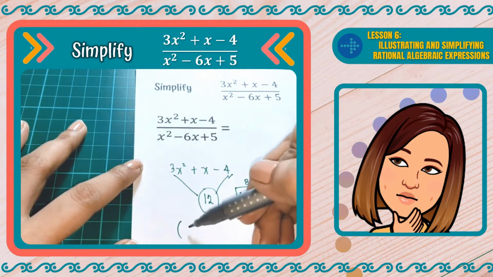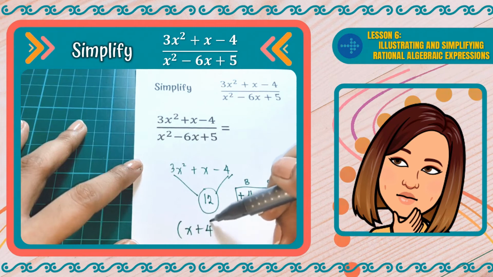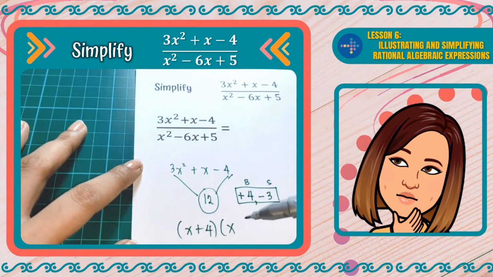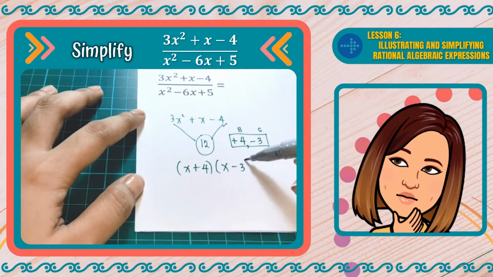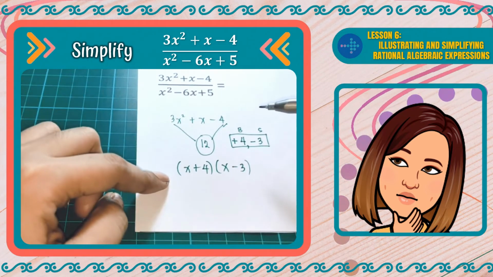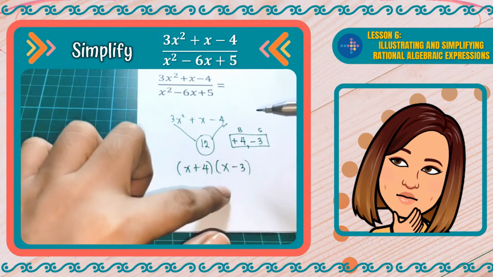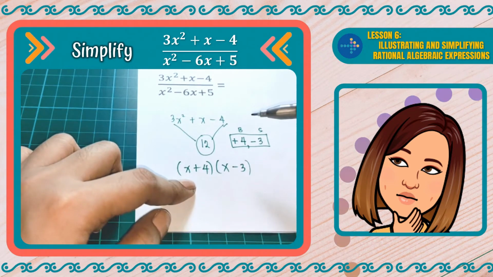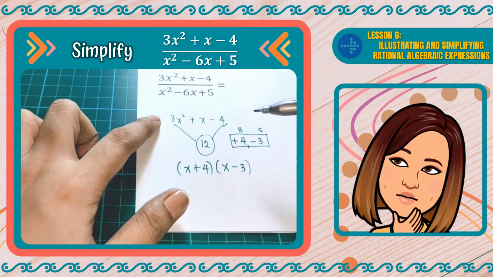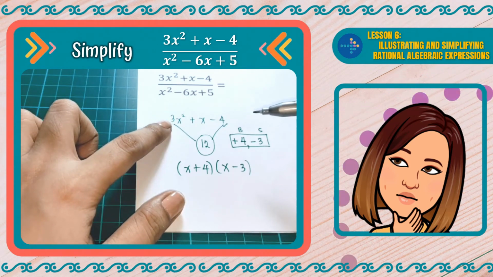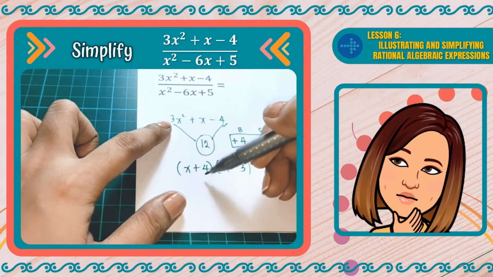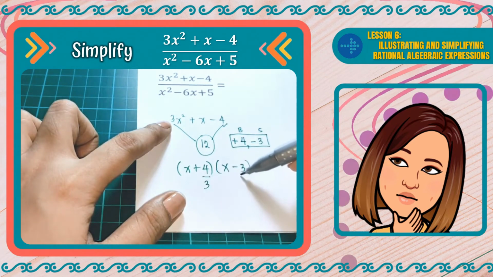So, we have x plus 4, then x minus 3. Then, tapos na ba siya? Hindi pa kasi kapag minultiply natin to using the FOIL method, hindi magiging ganito yung sagot niya. So, we need to use the numerical coefficient of the first term as divisor ng dalawang numbers na nakuha natin.